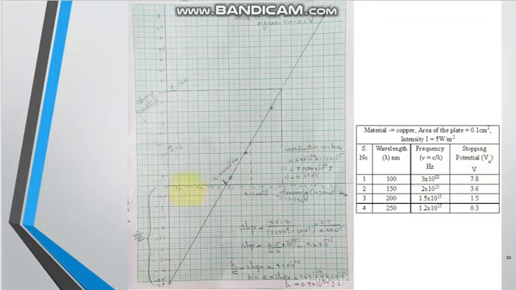And the graph is drawn here with frequency on the x-axis and stopping potential on the y-axis. So we got a straight line, and it is intersecting the x-axis at this position, and this intersecting position indicates the threshold frequency.